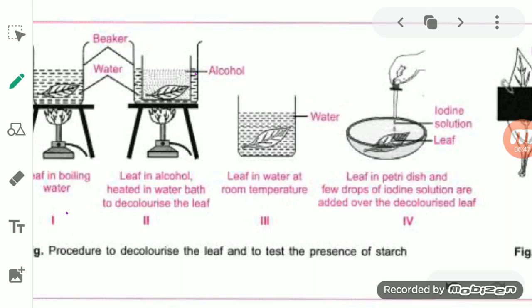Okay, and we will provide heat to it. So we can say we will heat the leaf in alcohol in a water bath. Now why are we heating this leaf with alcohol? So that it will lose all its color, or it will become decolorized.